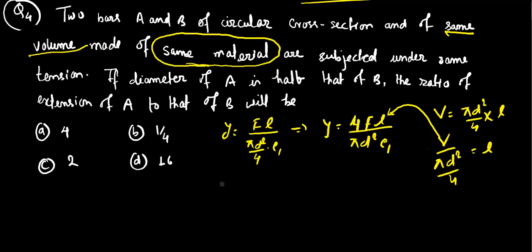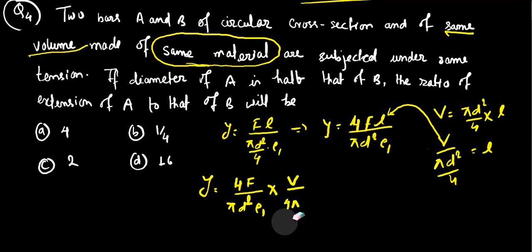So it will be like Y equal to 4 F L by pi d square, let me drop this L, pi d square, and this is extension multiplied by V by pi d square by 4, and this 4 will go here, so it will be like Y equal to 16 FV by pi square d^4 and extension.